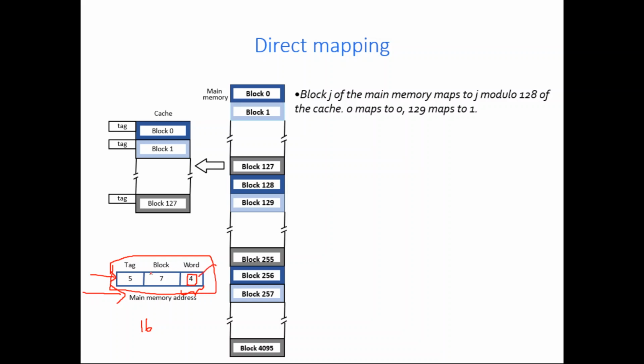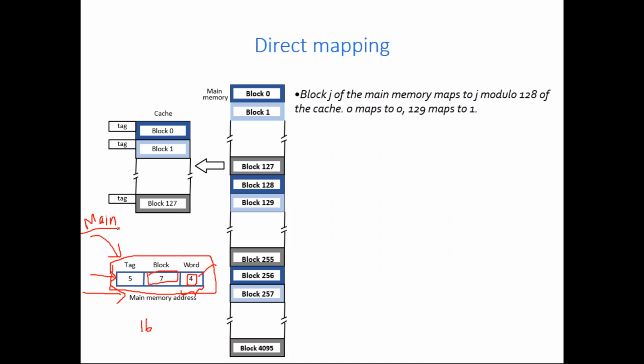And the middle 7 bits refer to the block number. Now we are using direct mapping, but the processor address will always refer to the main memory. It won't refer to the cache. The address is generated based on the main memory content, right?